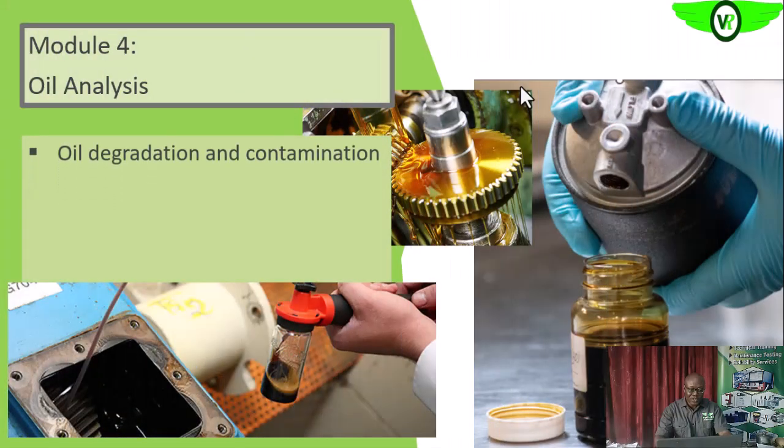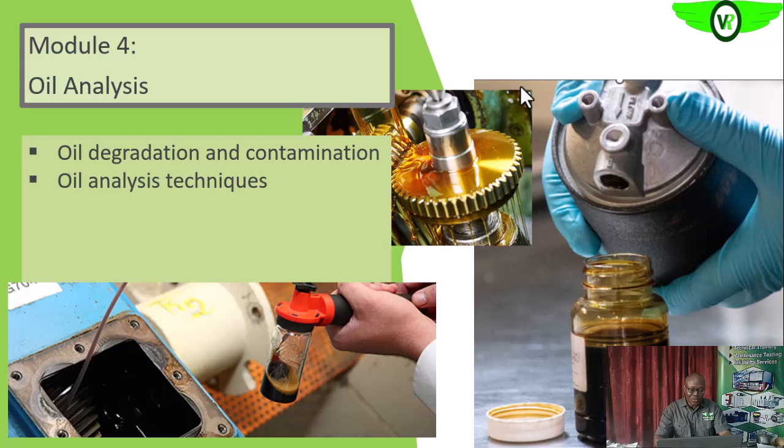So under this section, we are going to first look at oil degradation and contamination. What causes the degradation, what causes the contamination, and what those indicate, the nature of the degradation and the nature of the contamination. What does it tell us about the condition or health of the equipment?